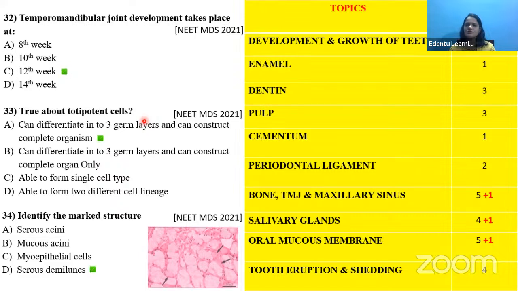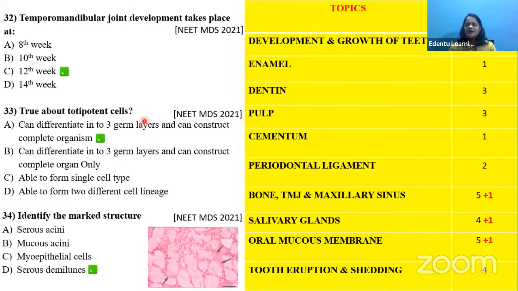cells. Okay, so these totipotent stem cells are like a newborn baby, or you can call it like a student studying in the LKG. A student studying in LKG has many ambitions: they can become a doctor, or an engineer, or an IAS officer.